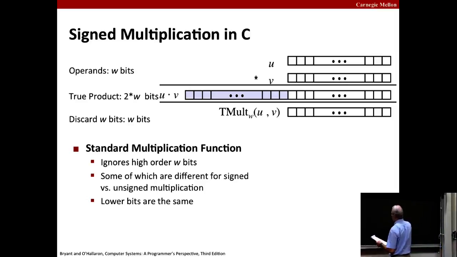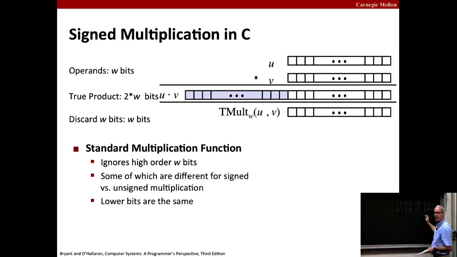So let me just demonstrate to you. So this is -3. But you remember that this is equivalent to 13 as an unsigned number. And this is -2, which is equivalent to 14 as an unsigned number.